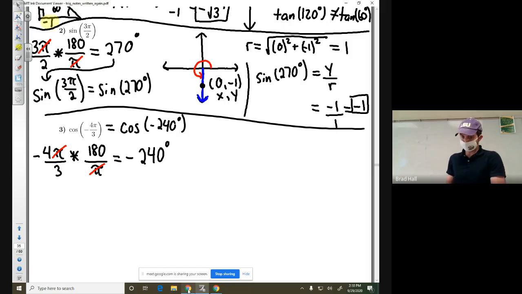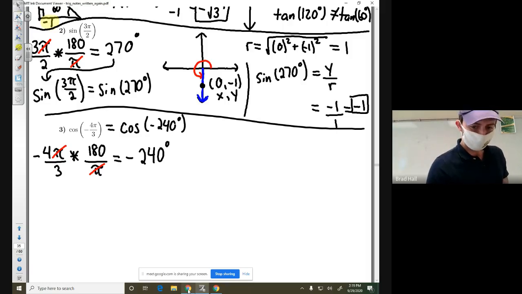But there's perhaps not a domain issue, but there's kind of an annoying aspect of how the problem's set up right now. It's negative, which generally, from my experience, people don't really handle the negative sign too well. So we're going to find something coterminal to -240. Hopefully you all remember what the word coterminal refers to.